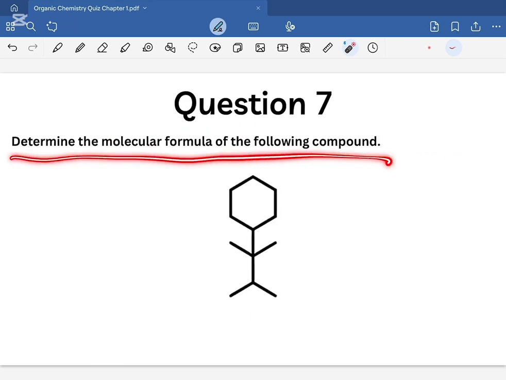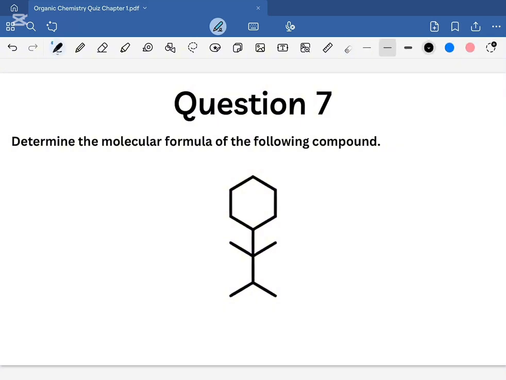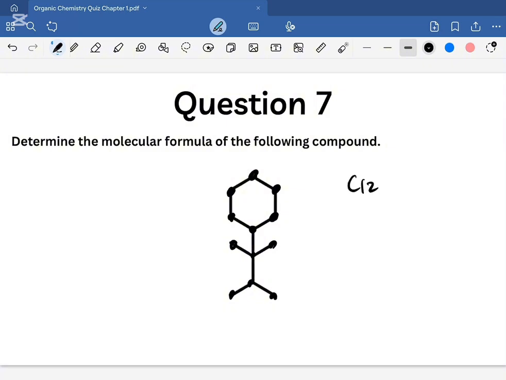Determine the molecular formula of the following compound. So let's first count how many carbons we have. 1, 2, 3, 4, 5, 6, 7, 8, 9, 10, 11, 12. So now we have 12 carbons. Let's count the number of hydrogens that we have. So here we're going to have 3 hydrogens. Here we're also going to have 3, so we're going to have 6. Then this one's going to have 1, 7, 8, 9, 10, 11, 12, 13.